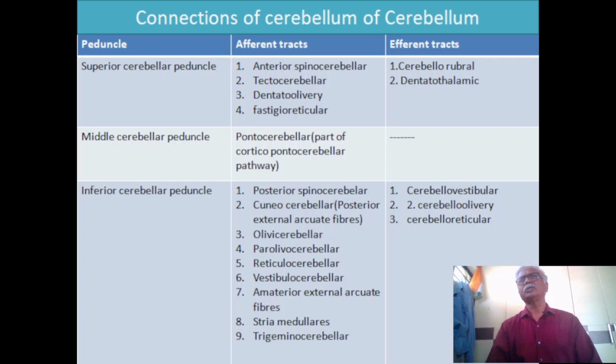It gives out some efferents which connect the cerebellum to the vestibular nuclei, that is cerebellovestibular, the cerebellum to the olivary nucleus, cerebello-olivary, and cerebello-reticular fibers are the efferent fibers.